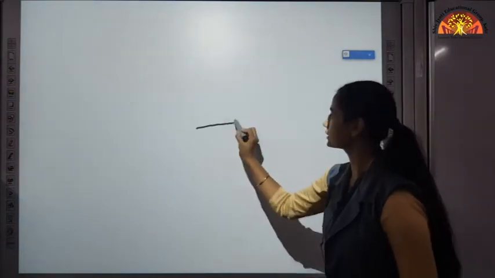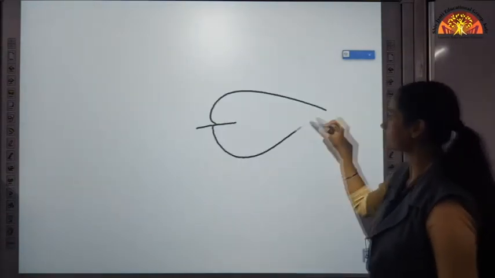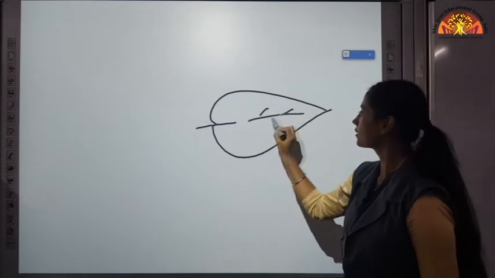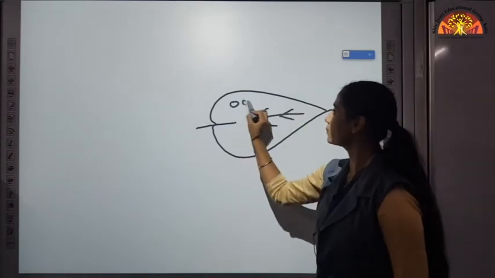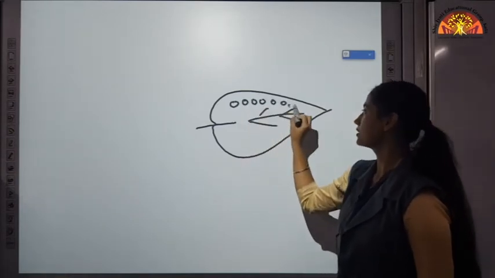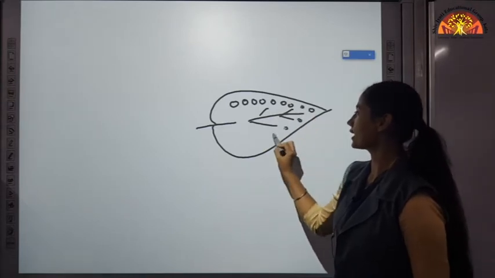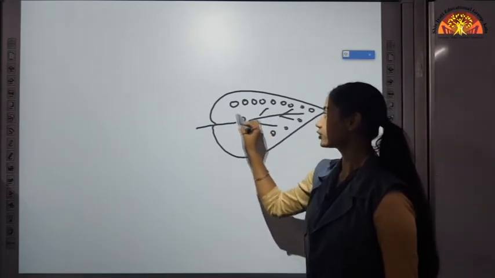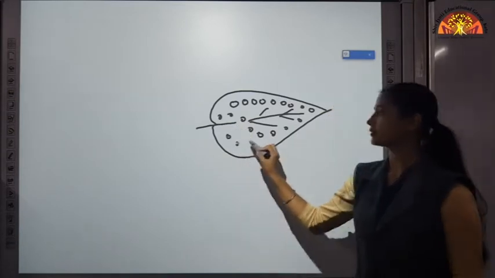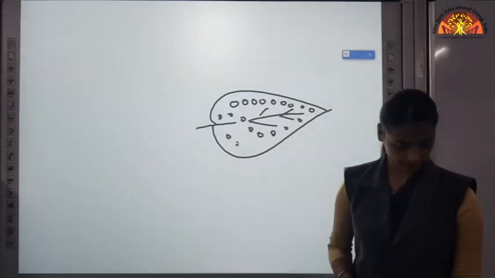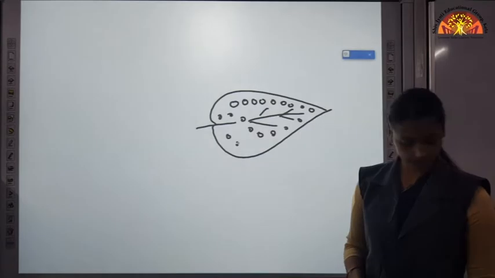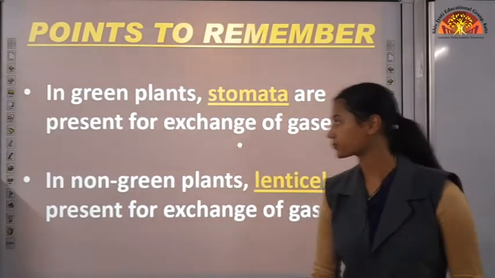Now you have studied it so many times. This is the structure of a leaf. So many small pores are present, and these pores are known as stomata, and through these stomata the gases are exchanged. Which gases? Oxygen and carbon dioxide.